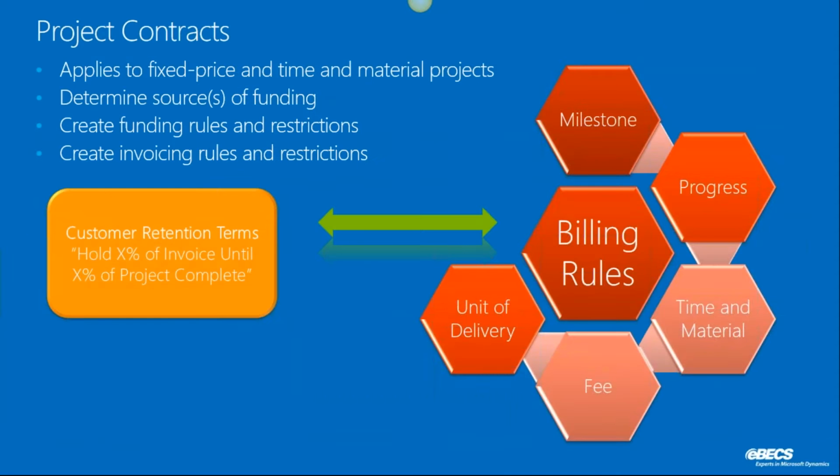All right. And when you're creating a project, a crucial portion is the project contract itself. Essentially the project contract determines who funds it, and from there you can set up a multitude of different billing and invoicing rules and restrictions. So billing rules you can set up such that when you have milestones, for example, progress, or unit delivery, you will update the contract based on whatever you set up.